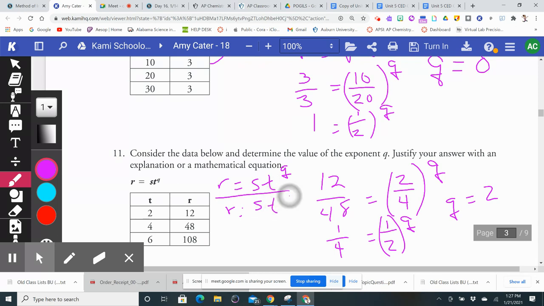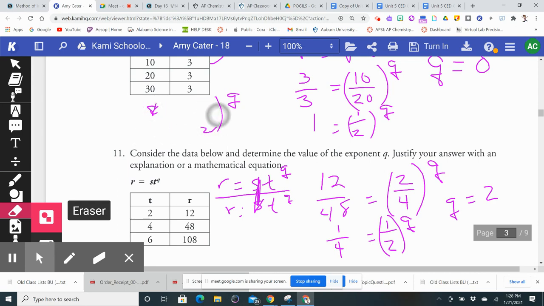It takes more of the guesswork out of it. Like in the videos, they said the hard one on top, so you don't have to work with fractions. Right. So yeah, if you flipped both of these and said 48 over 12 and 4 over 2, that would be okay. You can do that.